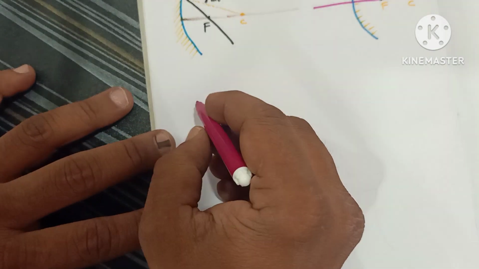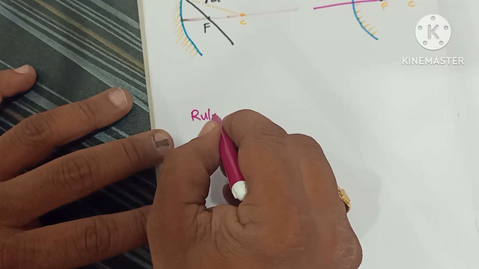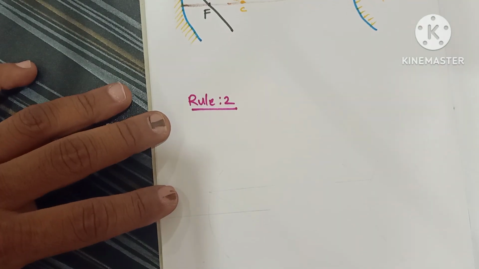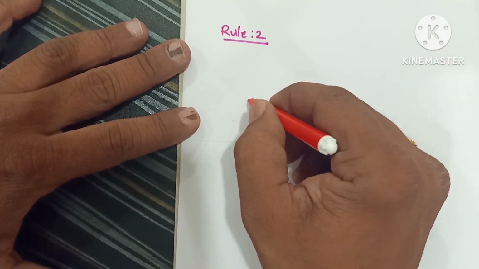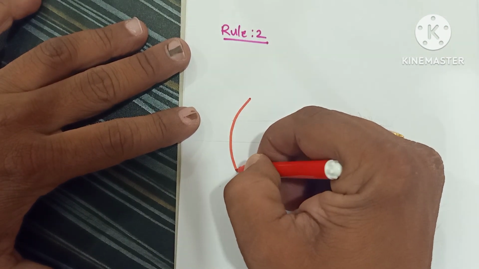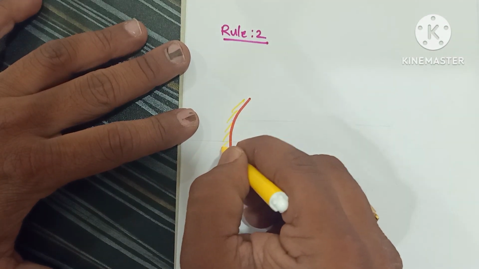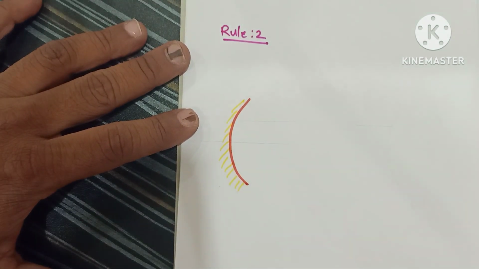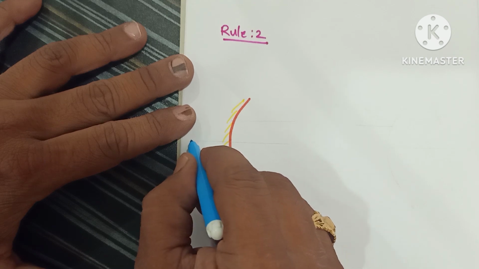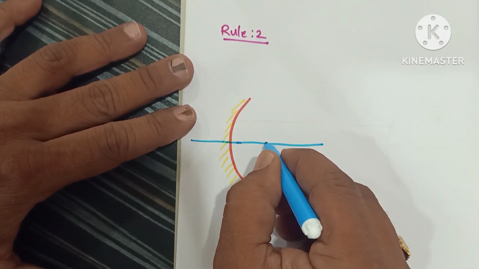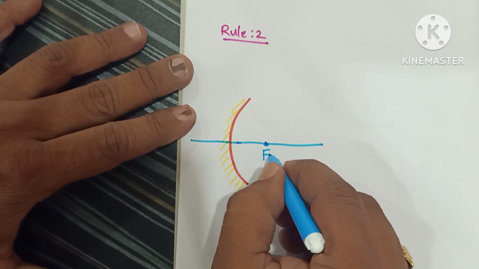Now we'll discuss rule 2. For that again I am considering a concave mirror. This is a concave mirror. Now this is the principal axis where it has focus.